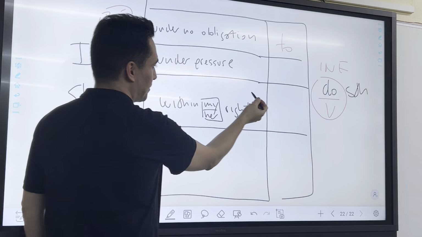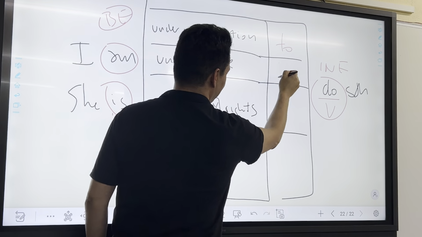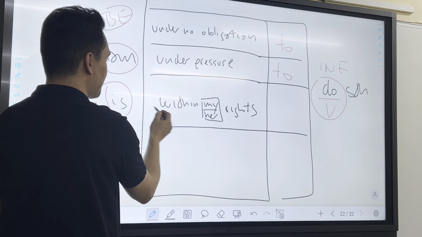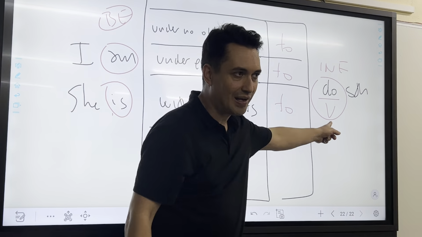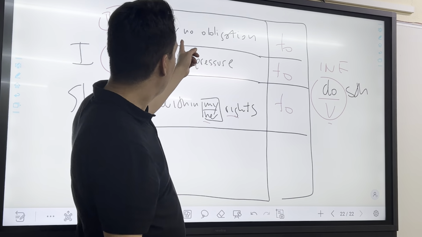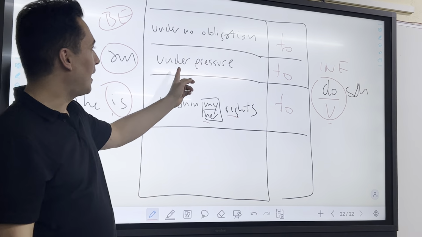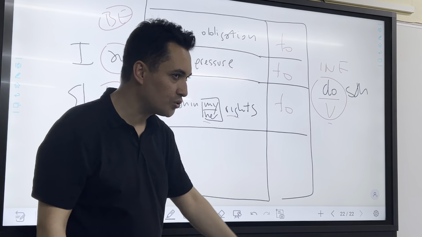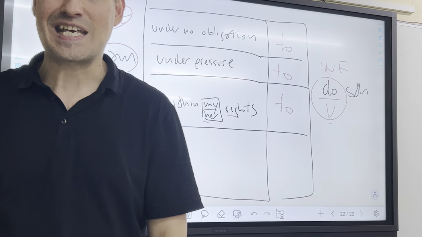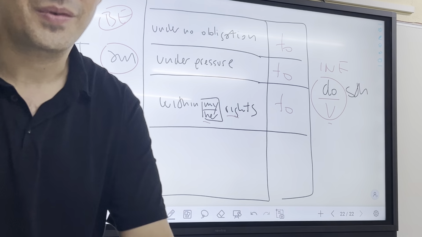I am under pressure to do something. She is within her rights to do something. Okay, this is revealing. We have a verb here. So, under no obligation to, under pressure to do something. Within my rights to do something. And this is the end of the grammatical explanation.